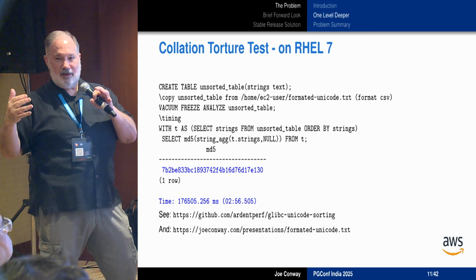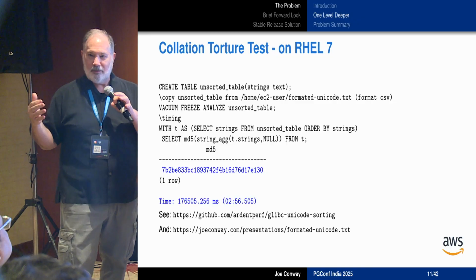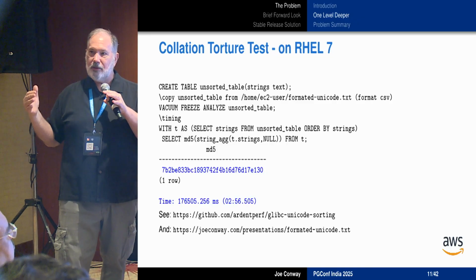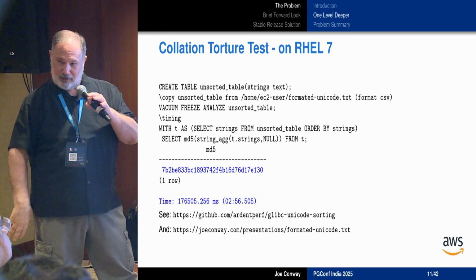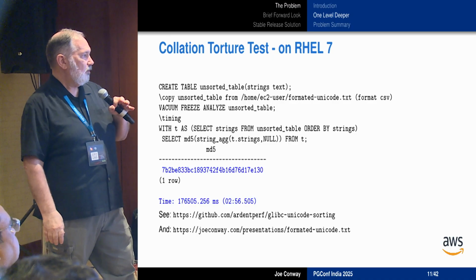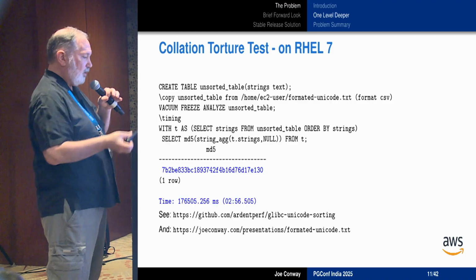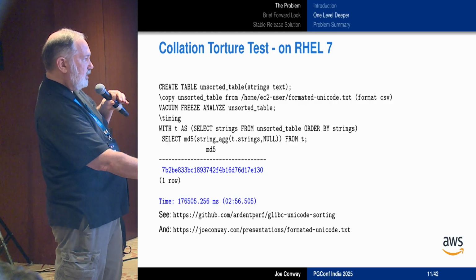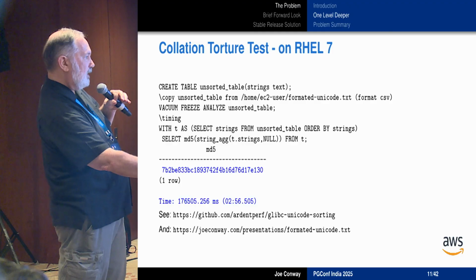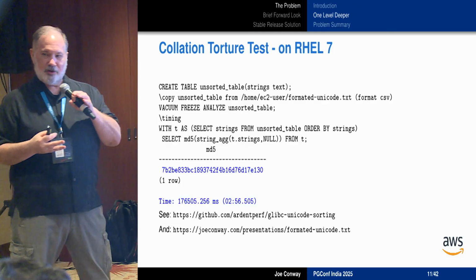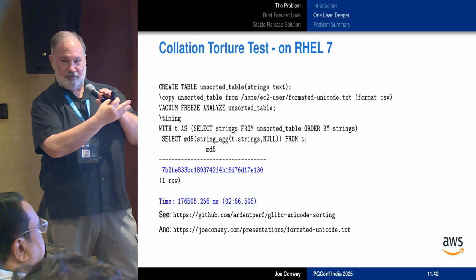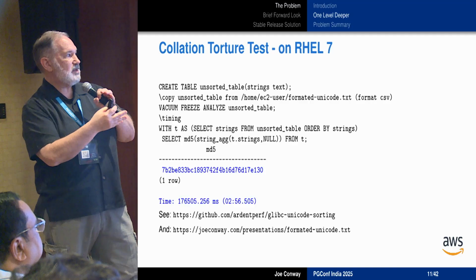So what that does, it gives me like a signature for the table to see whether the sort order has changed for those 26 million strings, right? And you can see, you're not going to memorize this whole number, but focus on this 7E130 because that's the signature of what this set of strings sorted on RHEL 7 is going to look like.